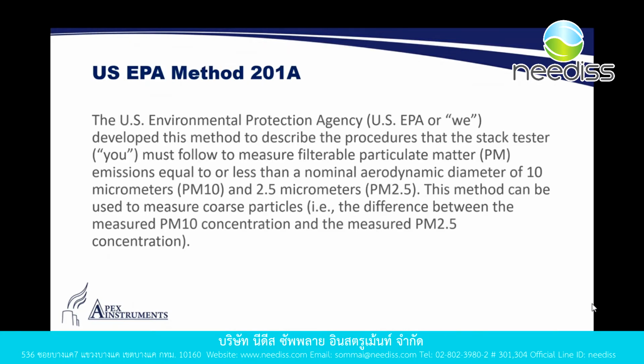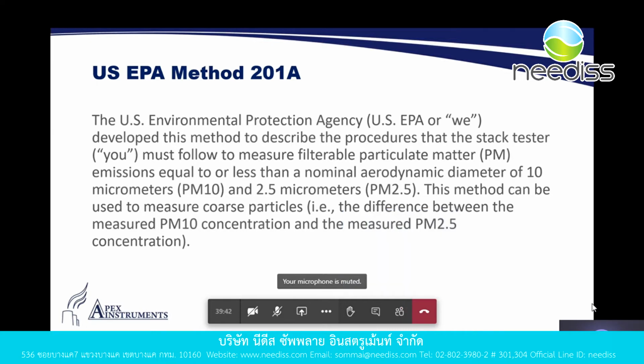I'm assuming most people joining us today have either a very good or at least a basic understanding of isokinetic sampling and what that entails with regard to the basics of Method 5, which is sampling for total suspended particulate captured on a single filter, weighed in a laboratory to get a total capture amount, which is then divided into the amount of gas that has been sampled through the system to help us determine our emission rate, or how much dust is being emitted into the atmosphere from that particular source.